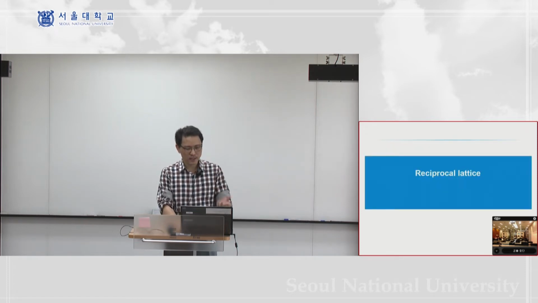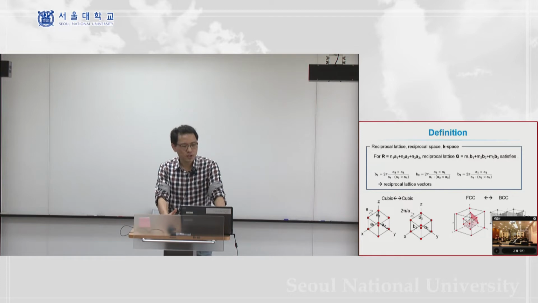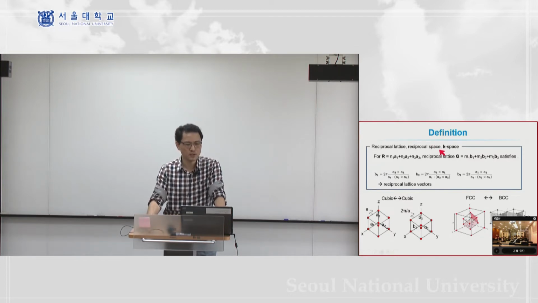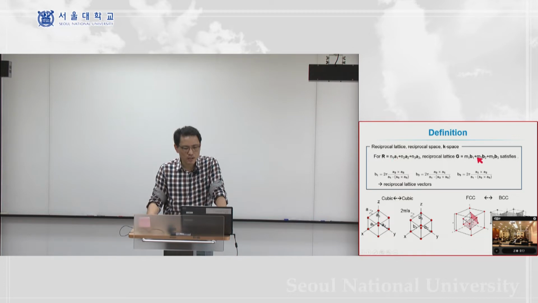All right, then we'll talk about the reciprocal lattice, which is very important in periodic structures. The definition of the reciprocal lattice, or reciprocal space, sometimes called K-space, is the lattice made by the three lattice vectors B1, B2, and B3.